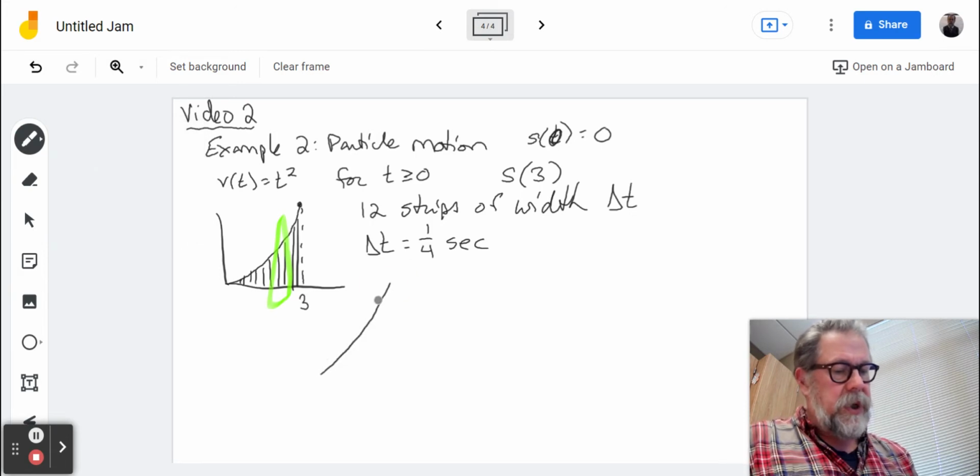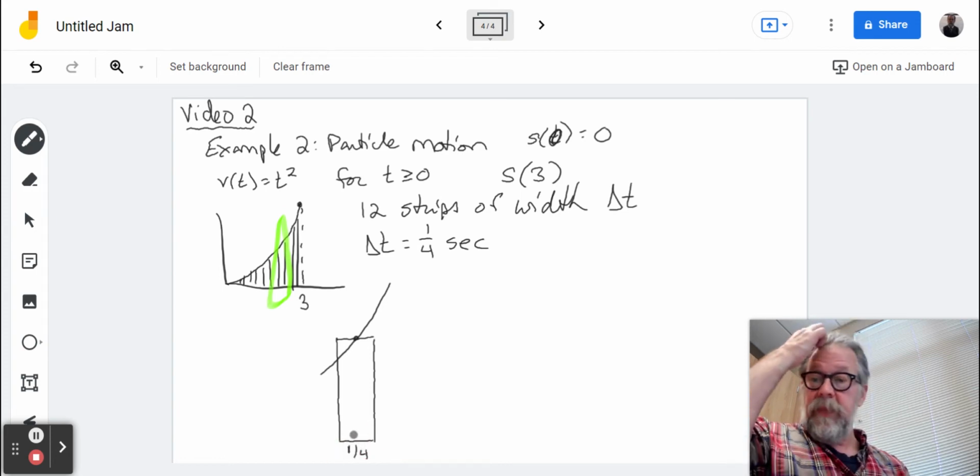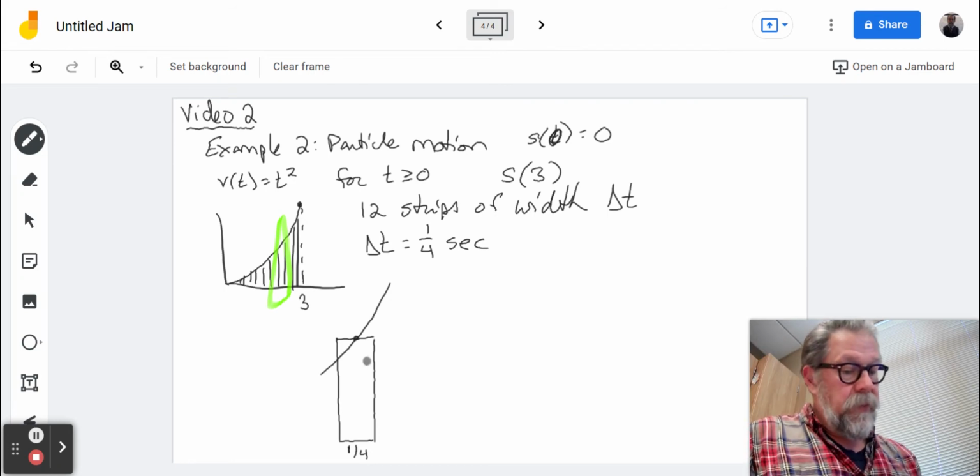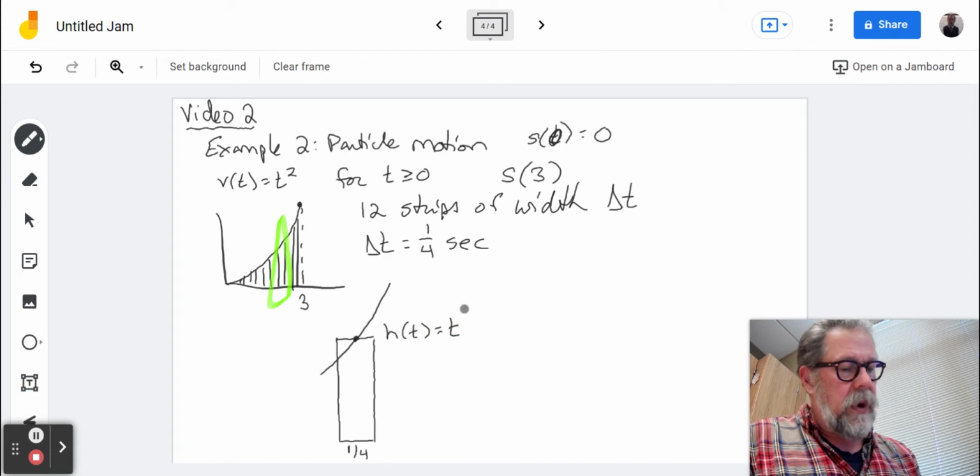Well, here's our one strip, with a width of 1/4 and a height, if I assume that the height of the strip is at the middle of that strip, but either way, the height of this strip is equal to some time squared.